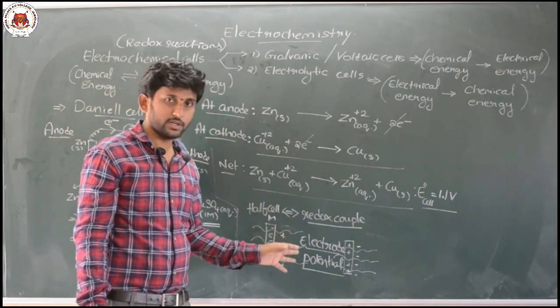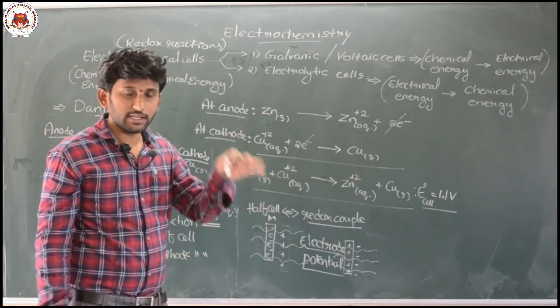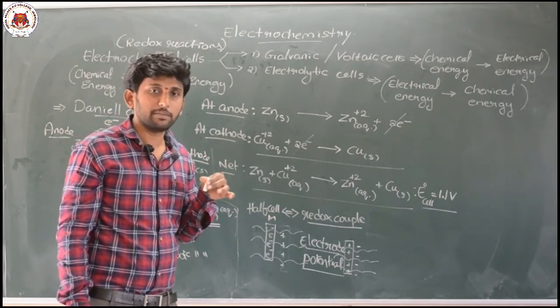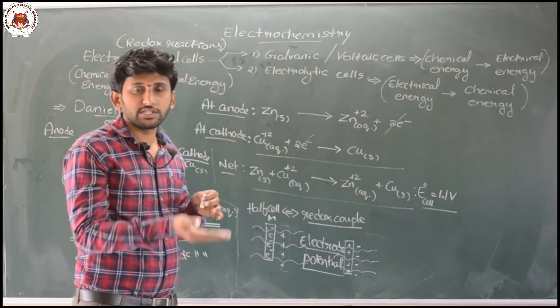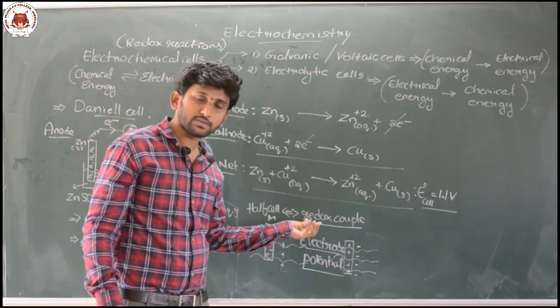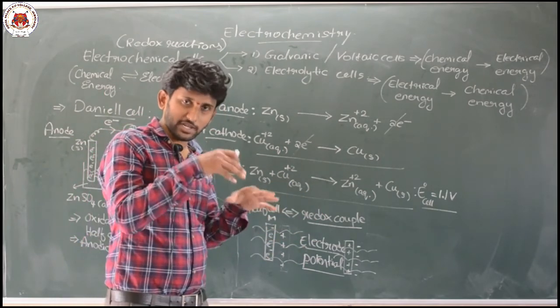So redox couple means what? Whenever any metal is placed in any metal solution, either oxidation takes place or reduction takes place. That's why we call this a redox couple. A redox couple means a metal present in the solution.